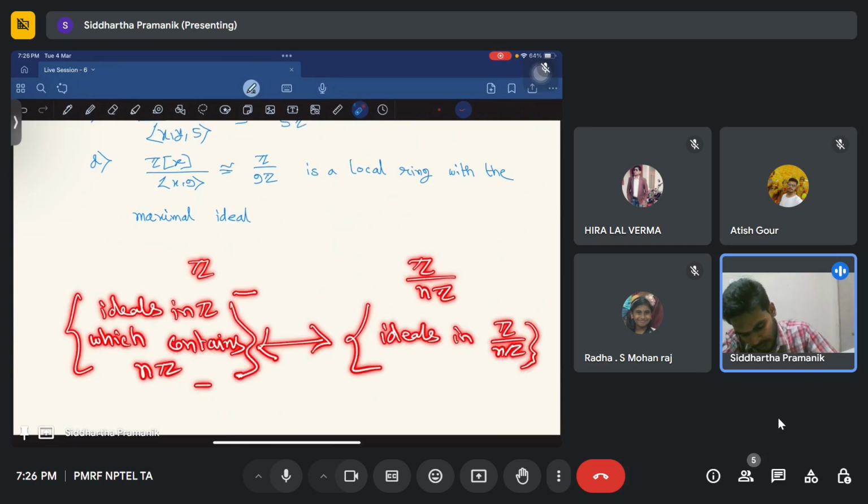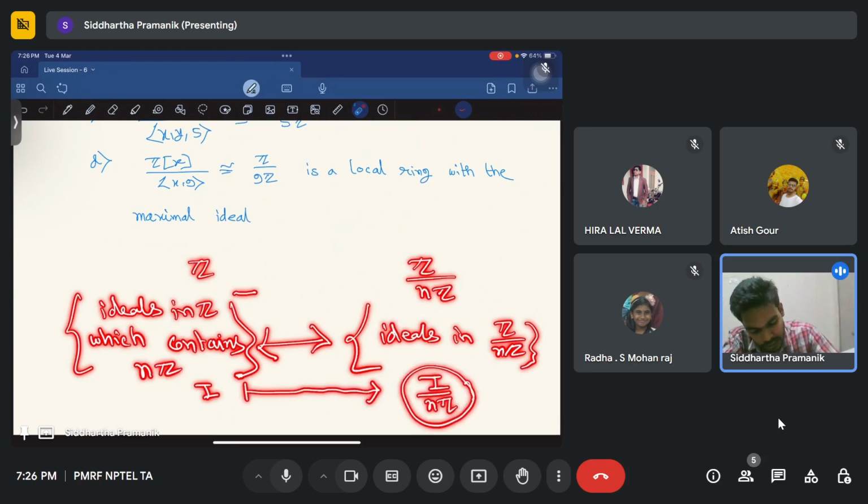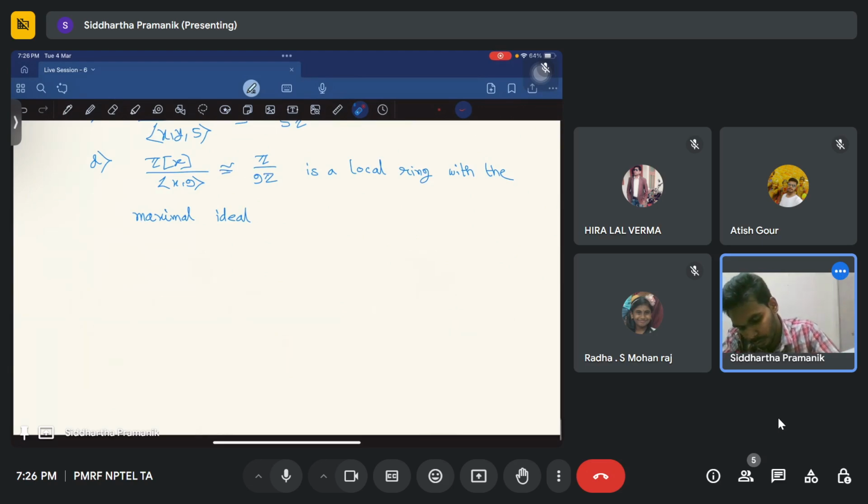If you take an ideal I, the image will be I mod nZ. So every ideal has this form, I mod nZ, where I is an ideal of Z which contains nZ. The same holds for the prime ideals and maximal ideals. The correspondence theorem works.